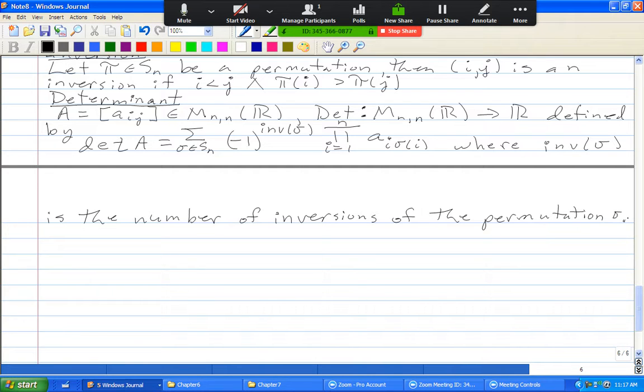Okay, so that's the definition of a determinant.